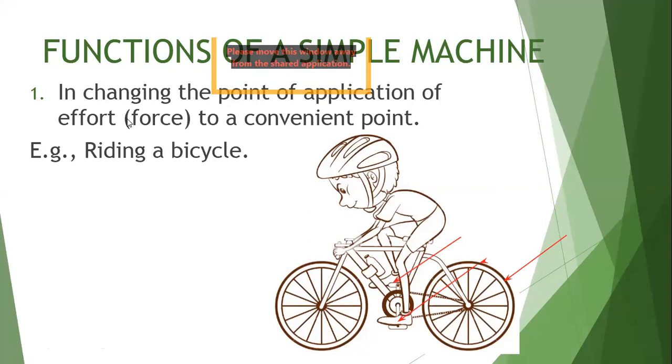So we are using a machine to change the point of application of force to a convenient point. We use machines for this very purpose as well. So this is another use of a machine.